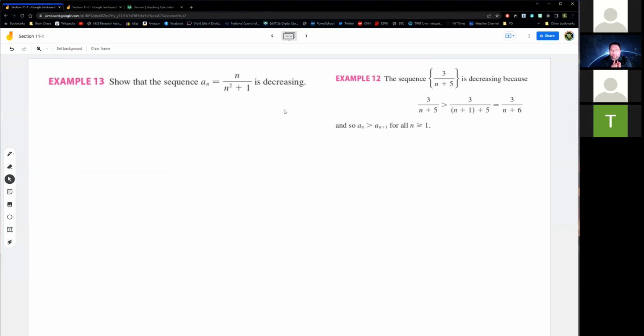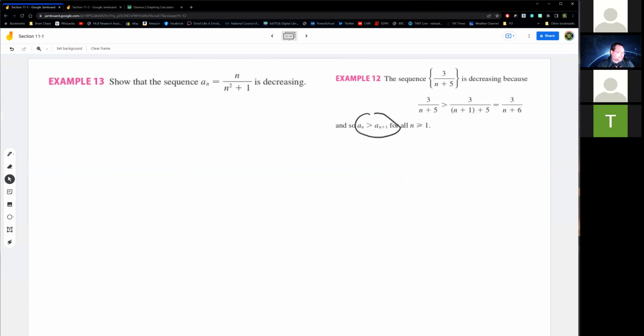So basically, we're trying to show that the second value, the n plus 1, is going to be smaller than the first value, the 3 over n plus 5. That's where the a to the n is greater than a to the n plus 1. That means it's decreasing because the second value is smaller than the first value, and so on and so forth down the line.